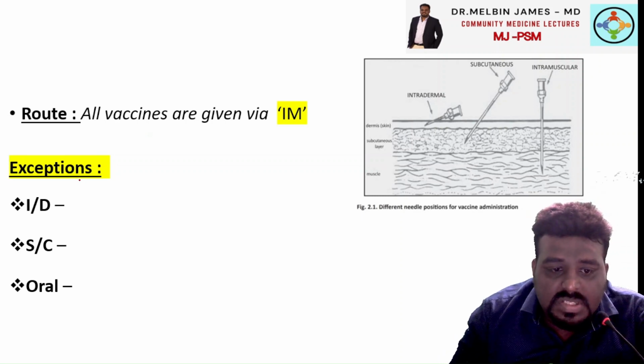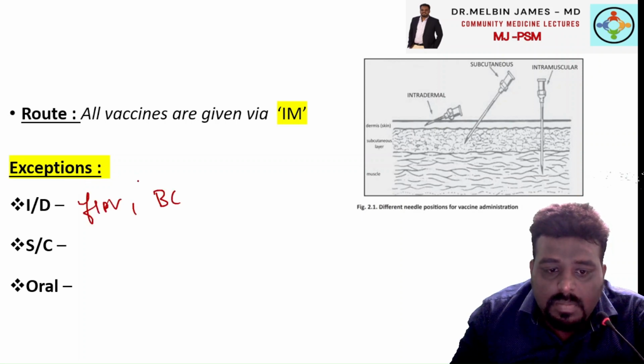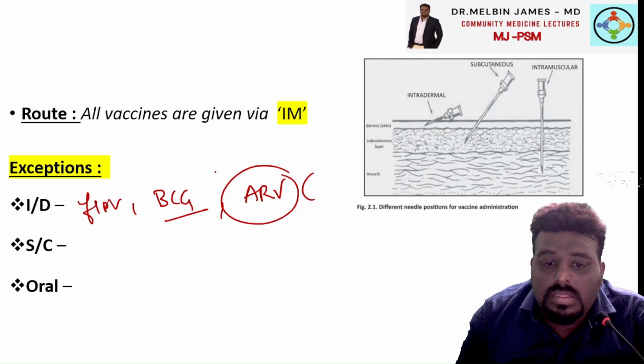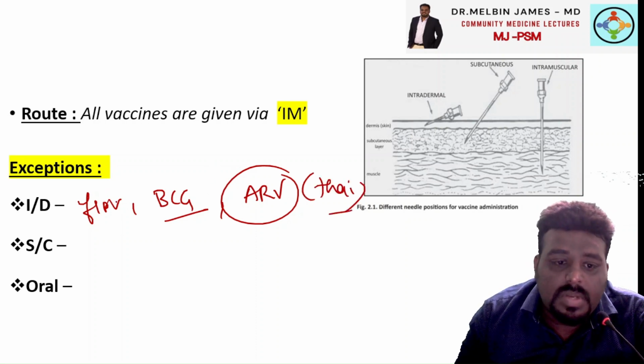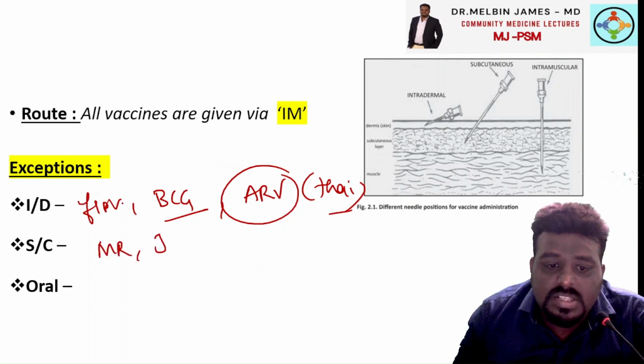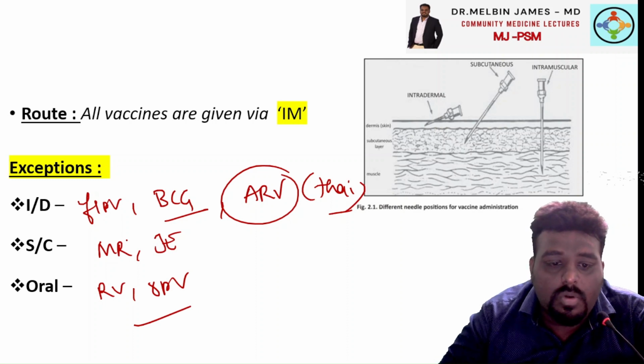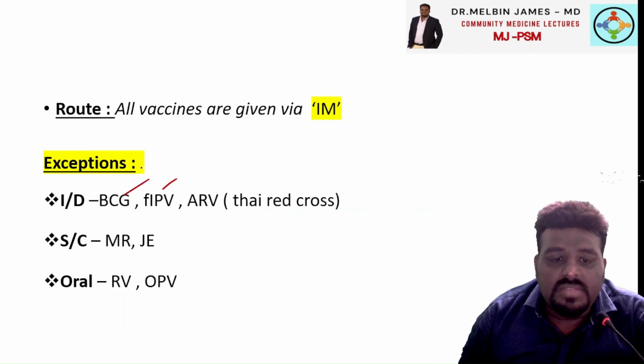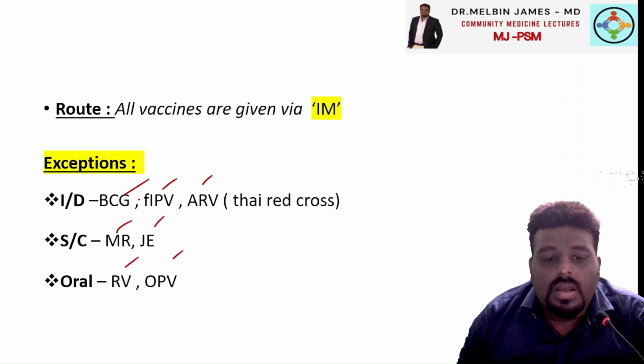The exceptions: intradermal is fractional IPV, BCG and ARV, the modified Thai Red Cross regimen. Subcutaneous is MR and JE. Oral is RV and OPV, that is rotavirus and oral polio vaccines. This is how you can remember: BCG, fractional IPV, ARV, MR, JE, RV and OPV. All the remaining ones you can remember as IM.